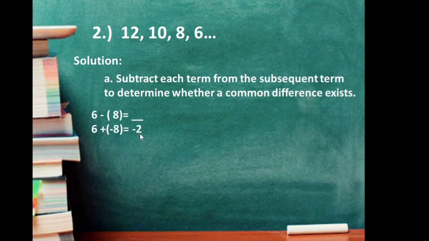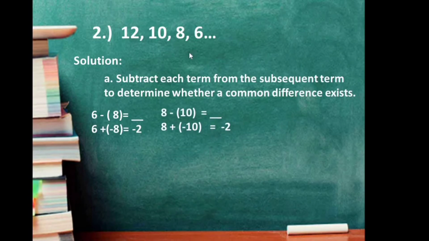Why is it negative 2? In subtracting signed numbers having different signs, what you're going to do is subtract and copy the sign of the number with a higher absolute value. So the difference is now negative 2.